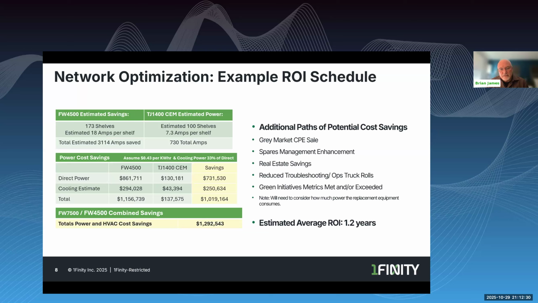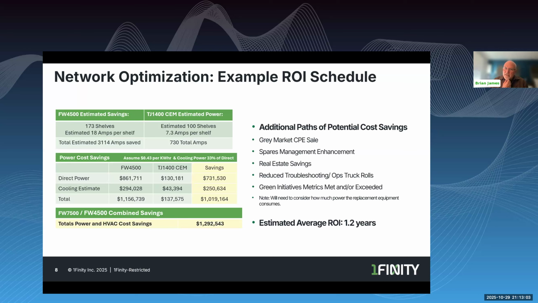The direct power savings, $700K, cooling estimate $250K, and the total of over $1 million in savings just in the power costs. So you combine those savings together, and you get an estimated $1.2 million in savings from power and HVAC cost savings. So that's quite significant savings from migrating off of X platform to the Tejas equipment.